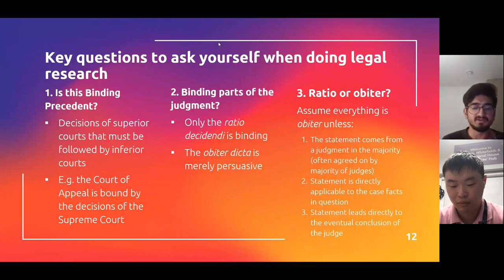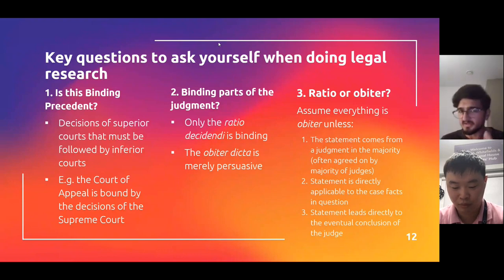The obiter dicta are essentially things which judges might say, which are not necessarily material when it comes to being binding. So they are merely persuasive, and they don't actually have any effect of binding the lower courts.